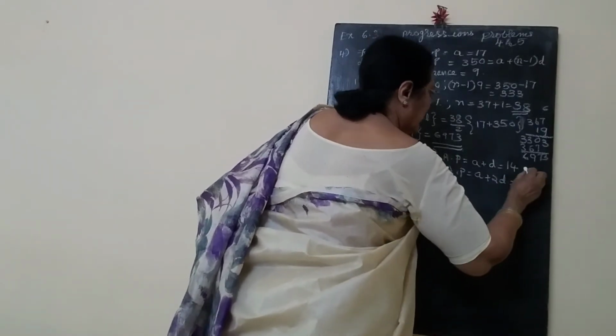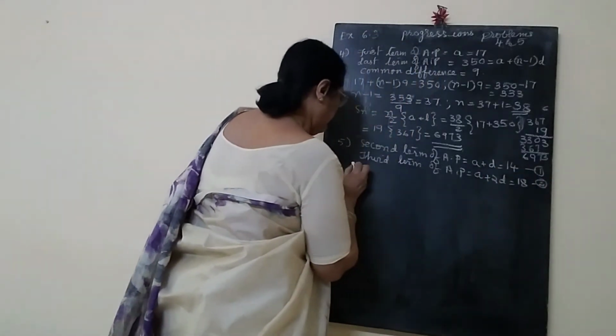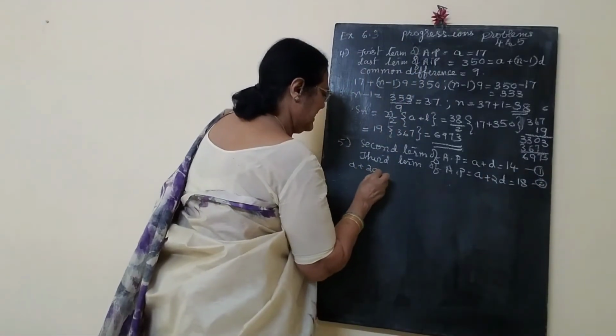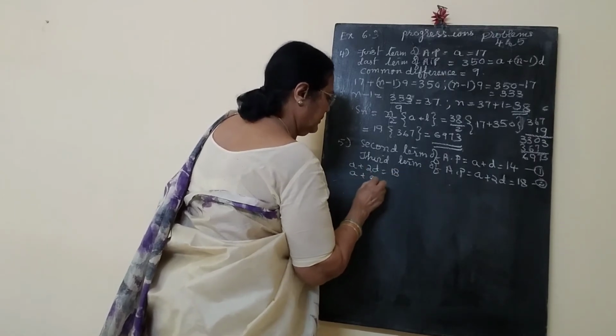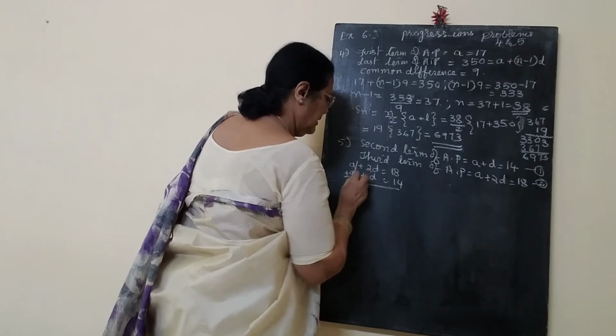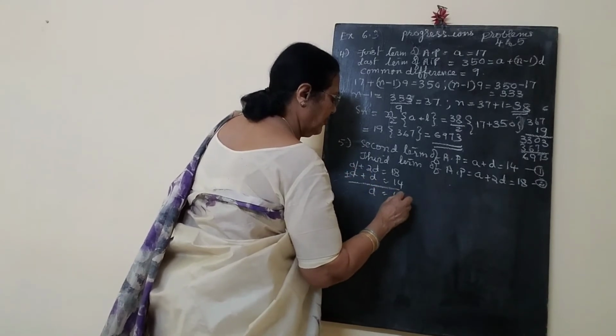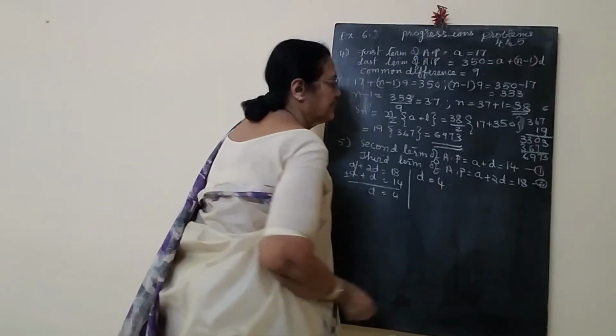So now this is the first equation, this is the second equation. A plus 2D is equal to 18, A plus D is equal to 14. Now by subtraction, D is equal to 4.